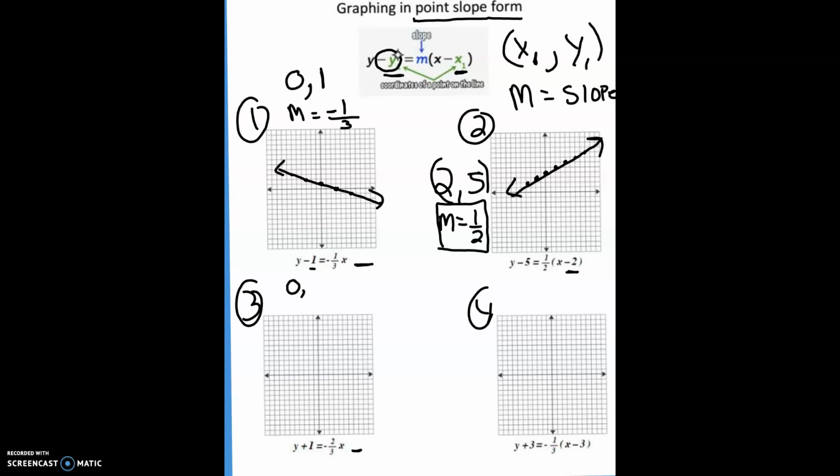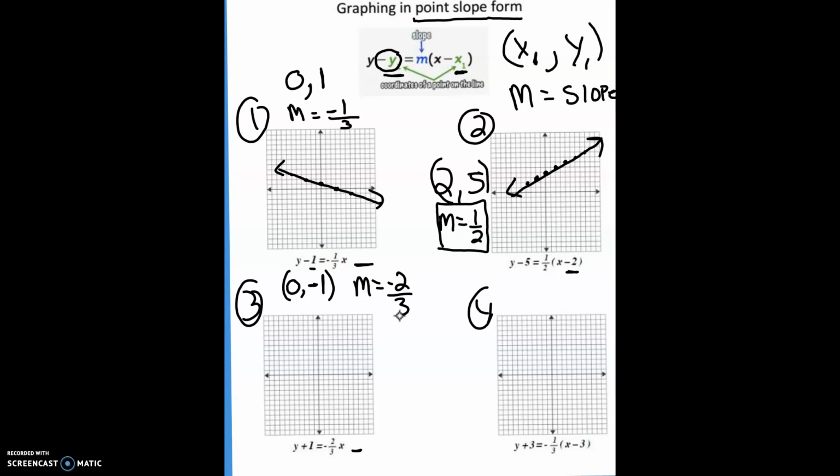So what happened was that the y-coordinate was actually negative 1, because a negative and a negative made a positive. Okay, so there's my starting point, and my slope is going to be negative 2 over 3.